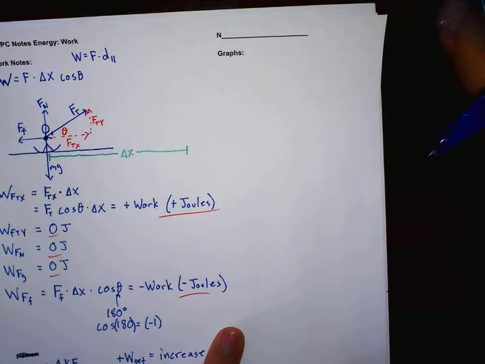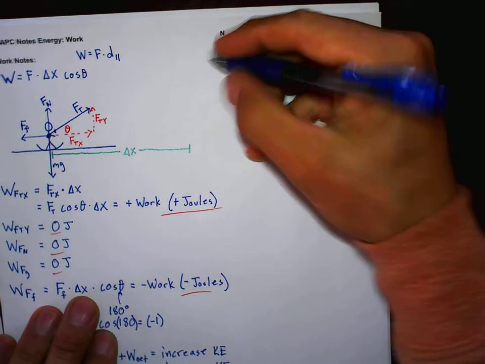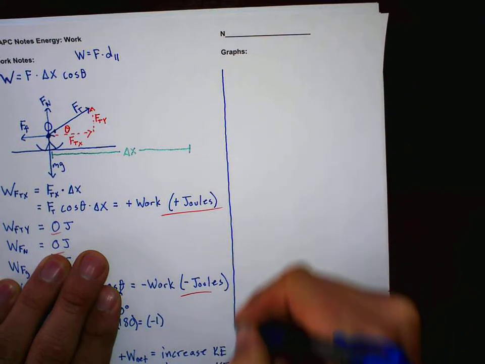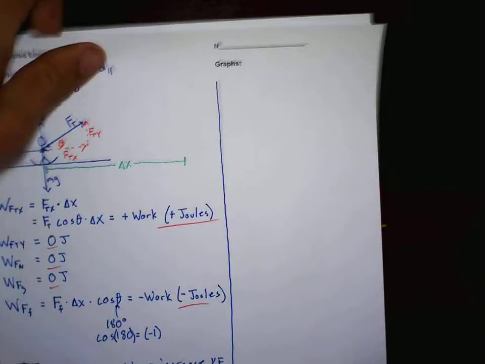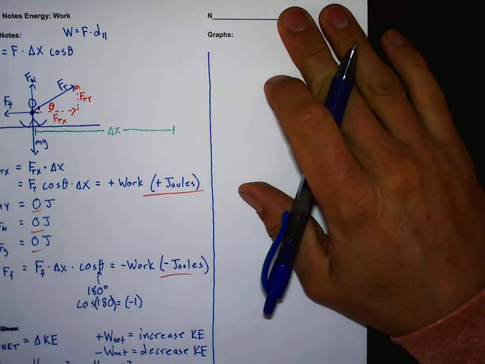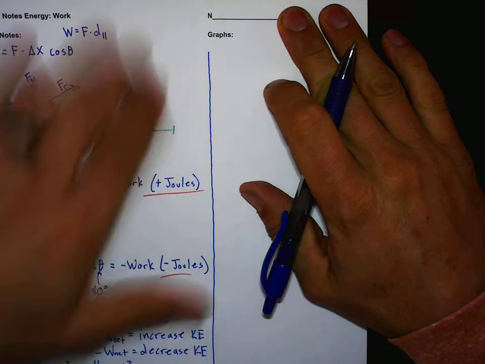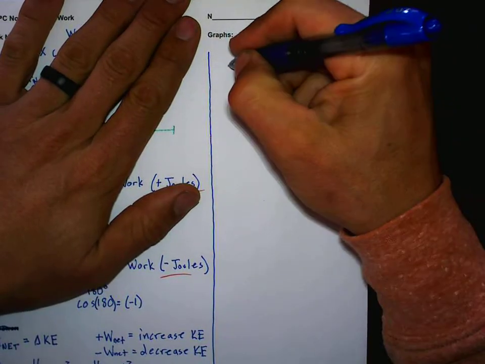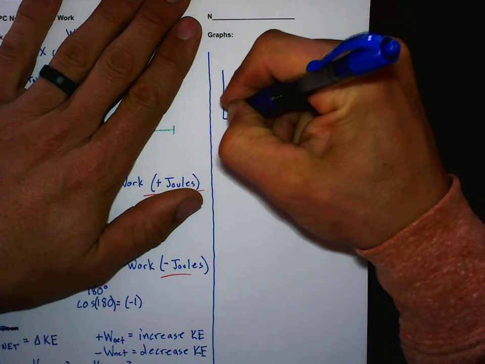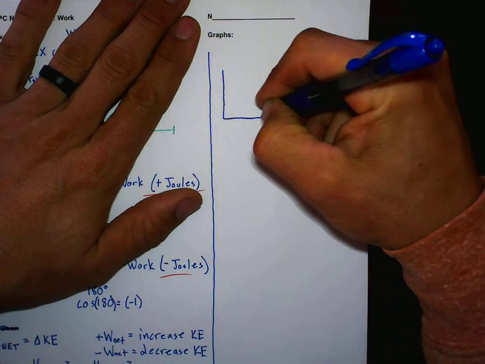Let's go back up here to where it says graphs. I'm going to draw a line here, and we're going to talk about some different situations where we're going to apply this. What we just did was take a constant force.